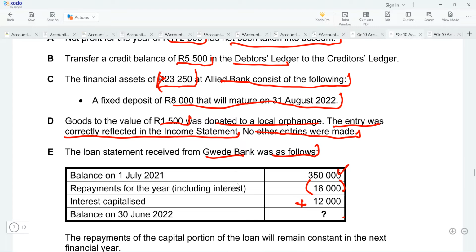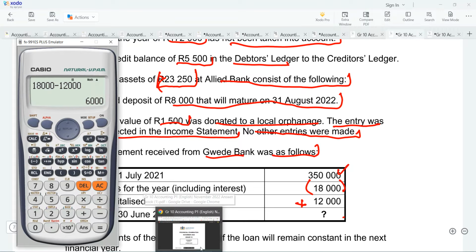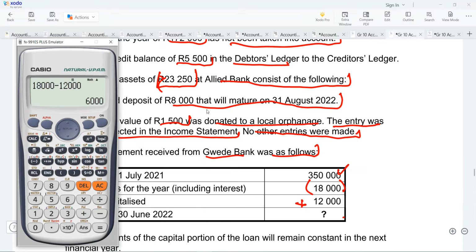Okay, so we need to show that calculation also in our balance sheet. So 350,000, then minus 18,000, and then plus the interest of 12,000. Remember, here it's supposed to be 350,000, not 35,000.